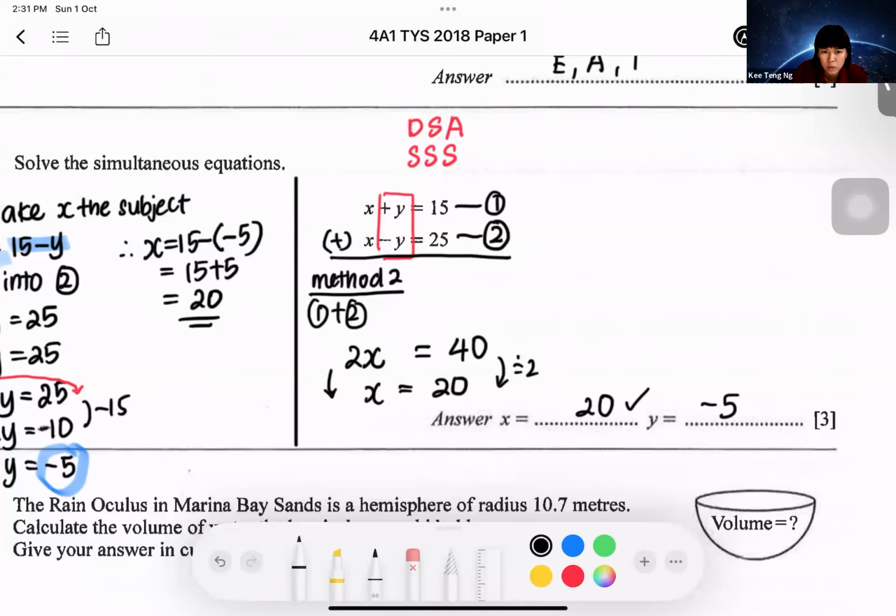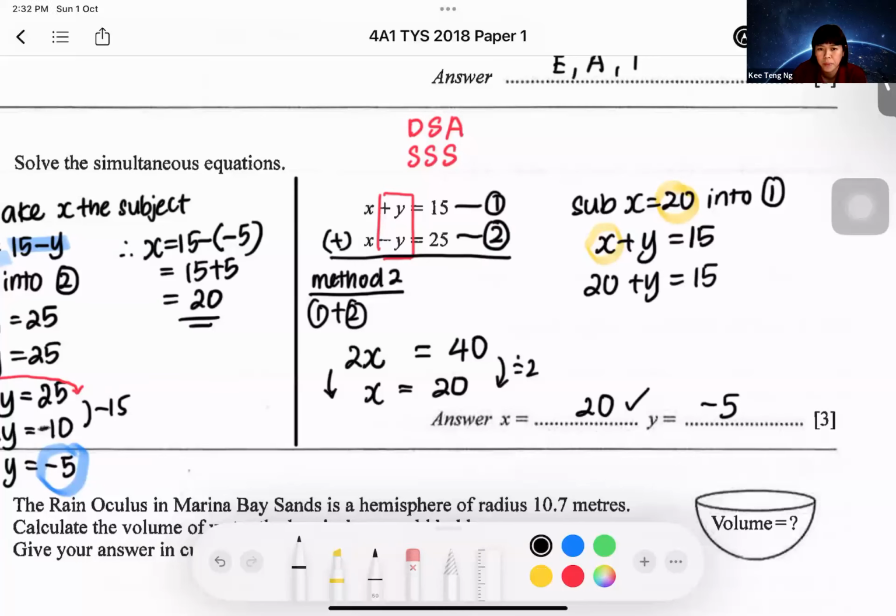Now, after I know x equals to 20, I need to sub it back into either one of the equations. I can put equation 1 or equation 2, both can, doesn't matter. So equation 1 is x plus y equals to 15. The x now changes to the number 20. So 20 plus y equals to 15, right?